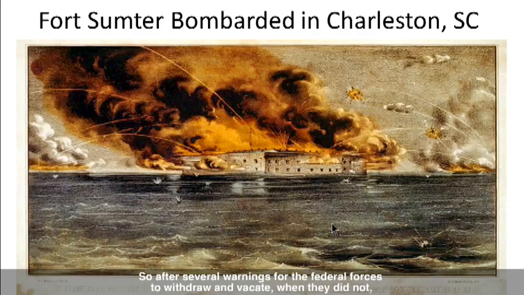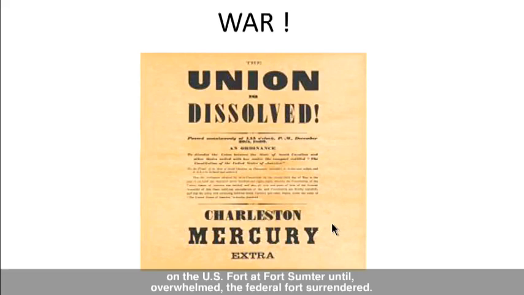So after several warnings for the federal forces to withdraw and vacate, when they did not, on April 12, 1861, South Carolinian forces opened fire, bombing and rocketing the U.S. fort at Fort Sumter until, overwhelmed, the federal fort surrendered. And as this Charleston newspaper headline declared the next day after the firing on Fort Sumter, the Union was now dissolved, rent apart, and finally, unambiguously, it was war between the two sides.